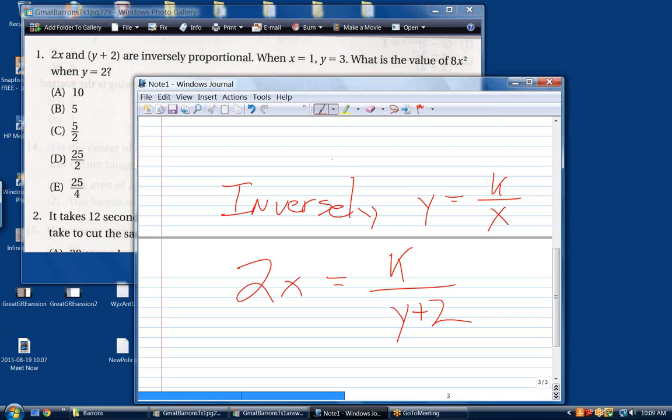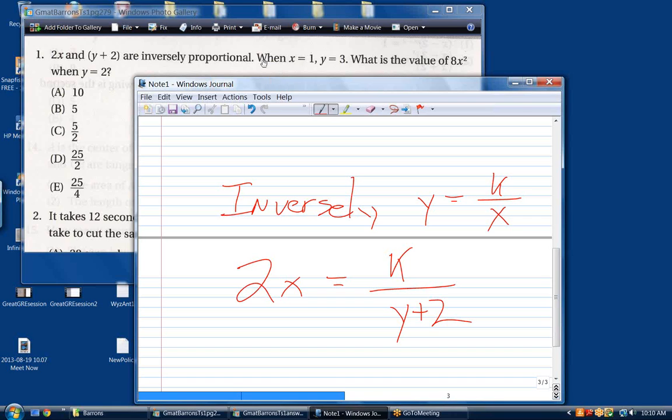Now, why is it, can I ask, why is it not 2x under the k? It could be written either way. I could also write y plus 2 is equal to k over 2x. Okay, so that doesn't matter. It doesn't matter. The fact that they started with the 2x is why I wrote 2x on the left.